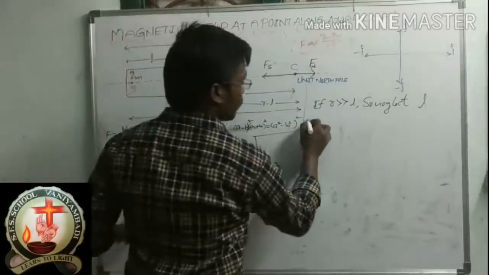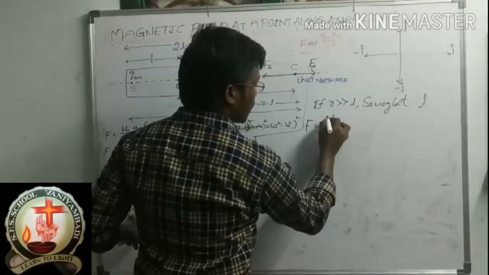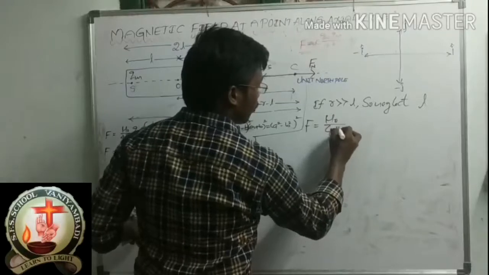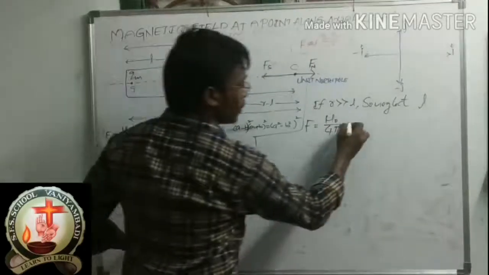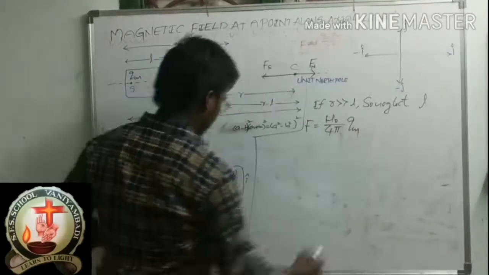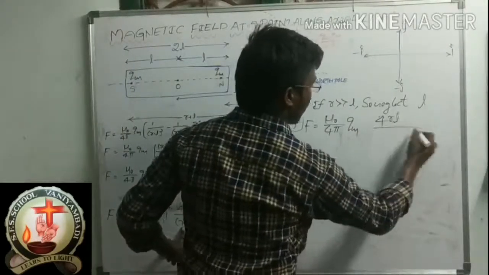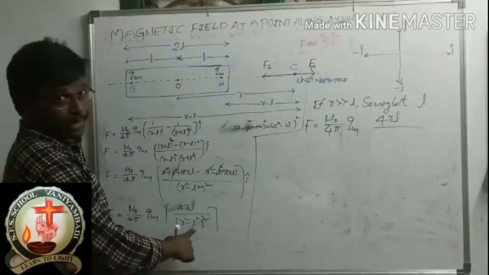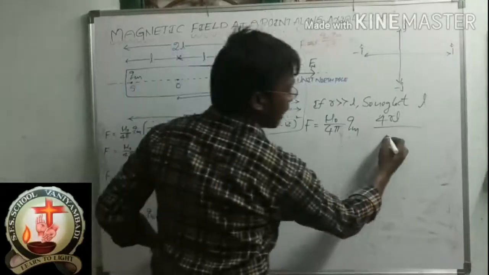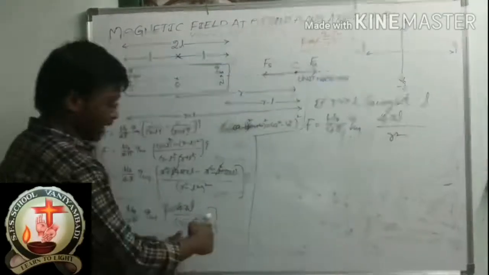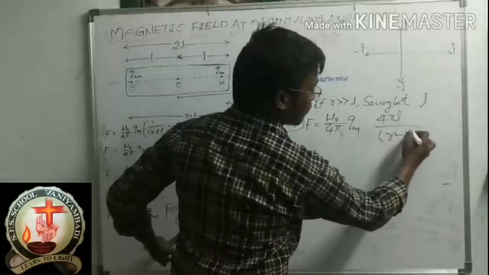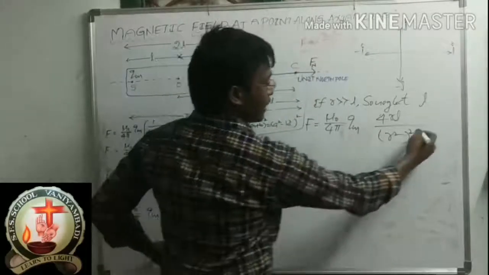F is equal to mu naught by 4 pi into Qm, 4RL by, here L you are neglecting, no? So what is the remaining here? R square and whole square also there. Here I cap is there.